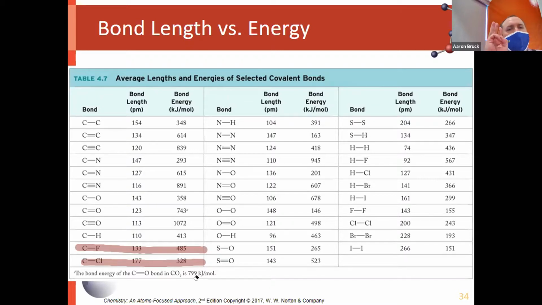So these three concepts, bond order, bond length, and bond energy, are all intimately tied to one another. And the trend that we talked about tends to hold regardless of what it is that we are examining in this particular domain.